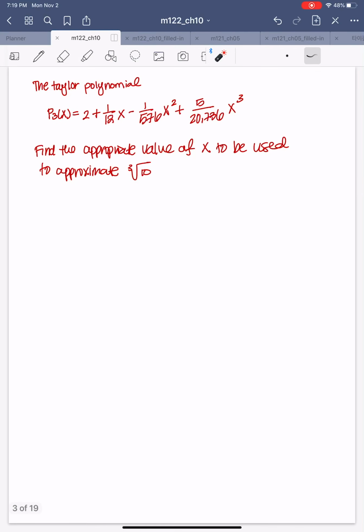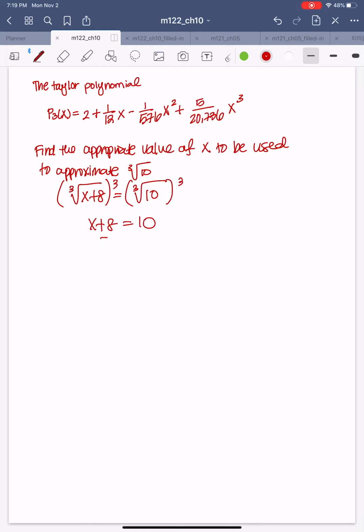So the original function is cube root of x plus 8. If I want that to be 10 underneath, I can solve for x by cubing each side. x plus 8 equals 10. Subtract 8, x has to be 2.